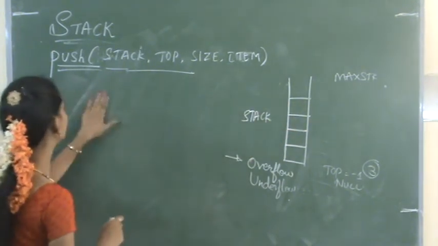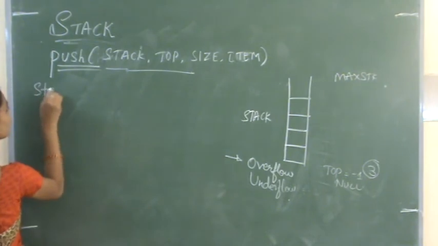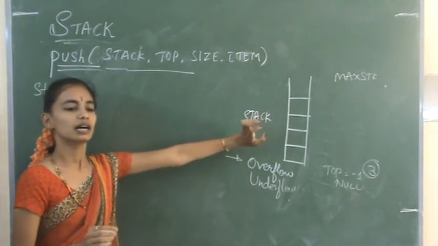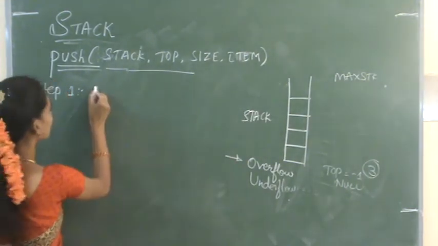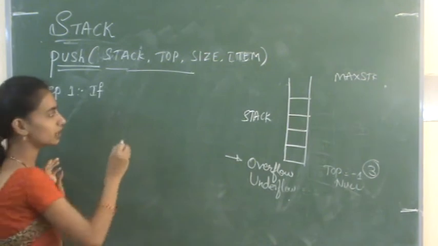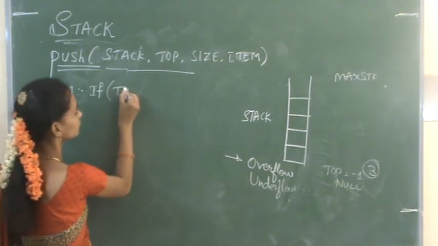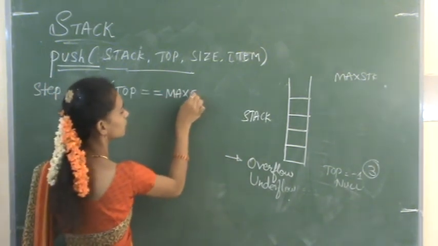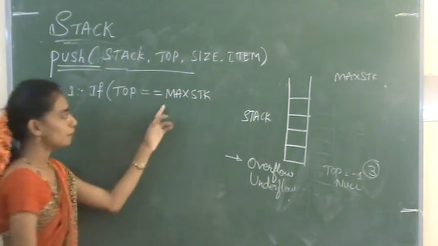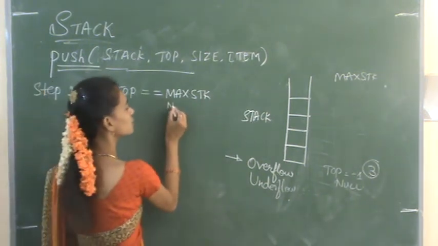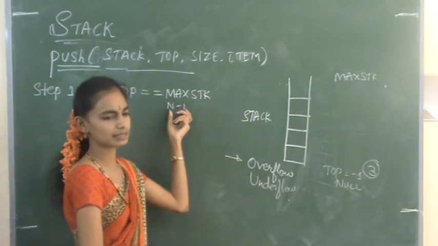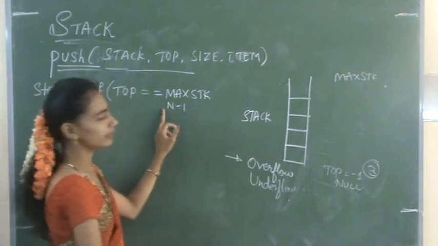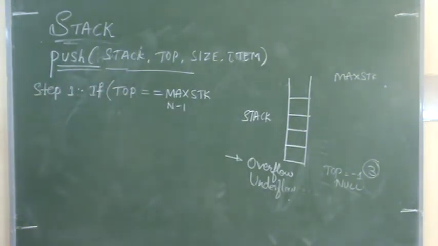So now, the first step is to check whether the stack is overflow or not. For that I am using an if condition. If top is equal to max stack, or we can use n-1, because the array always contains n values, so n-1 is the number of elements inserted in the stack.